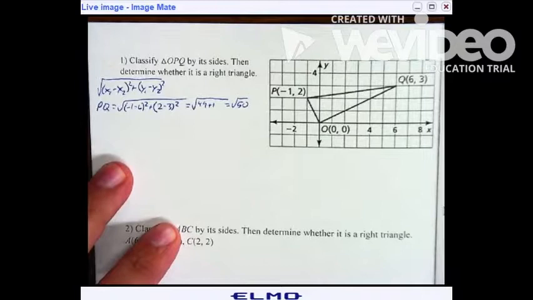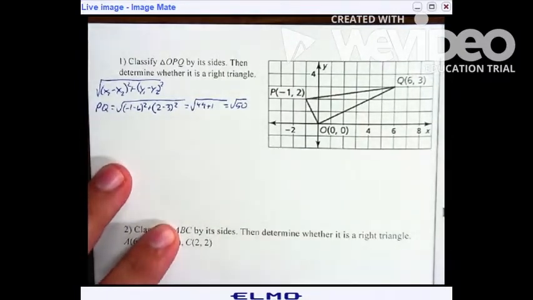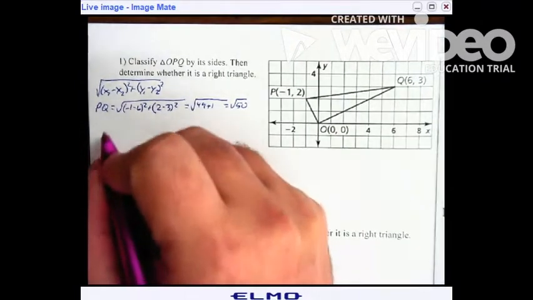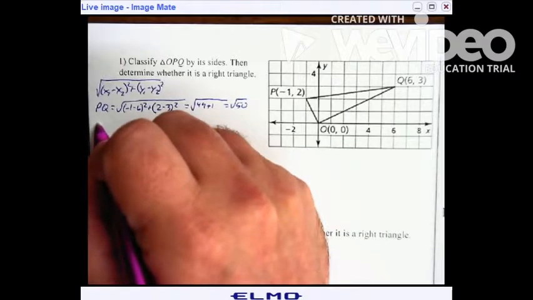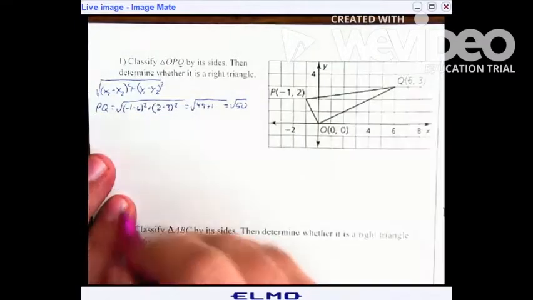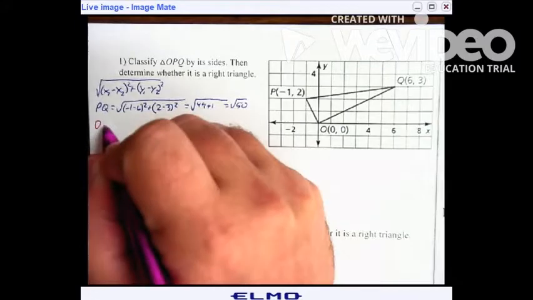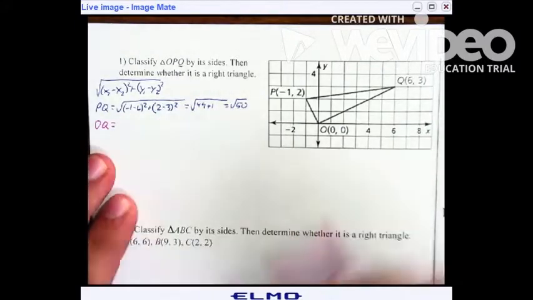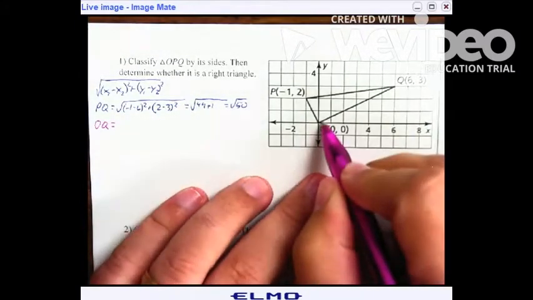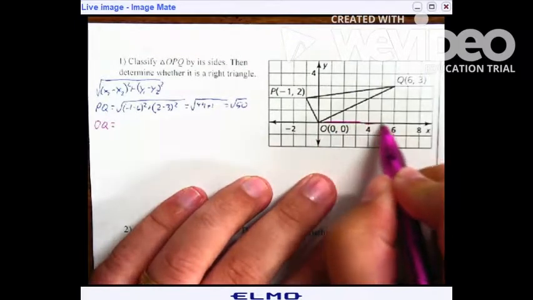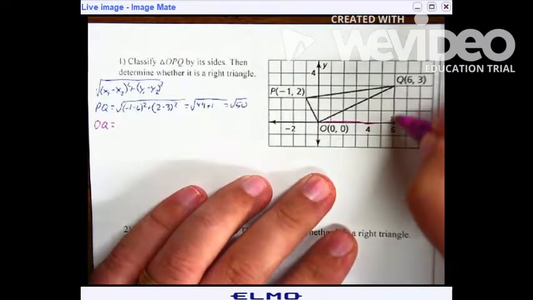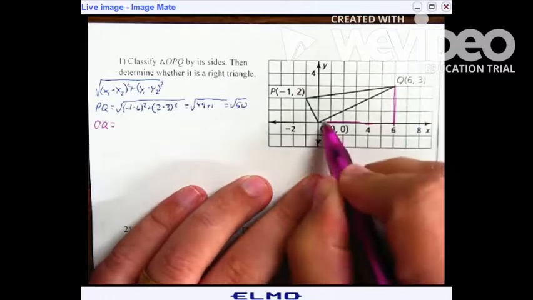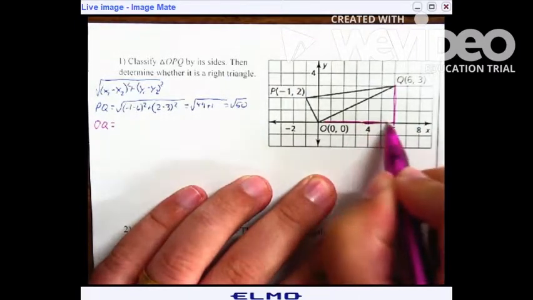If you don't like the distance formula and you have a graph, the other way you can do this is just the Pythagorean theorem. So I'm going to look at segment OQ. I'm going to take this on my graph and make a right triangle right here, where segment OQ is the hypotenuse.